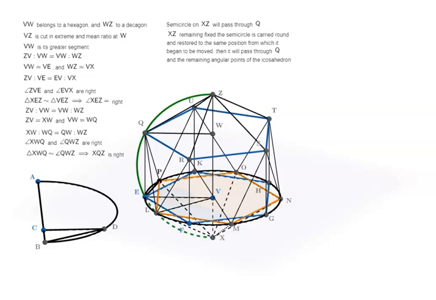Now let's continue, because now we have to figure out one other aspect that the proposition says, that the side of the icosahedron is the irrational straight line called minor.